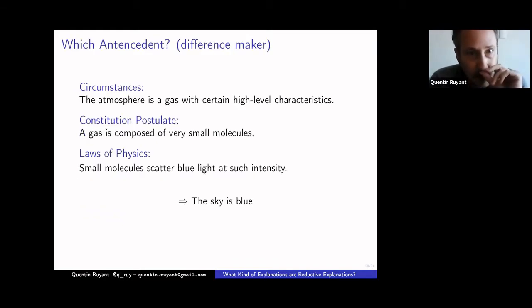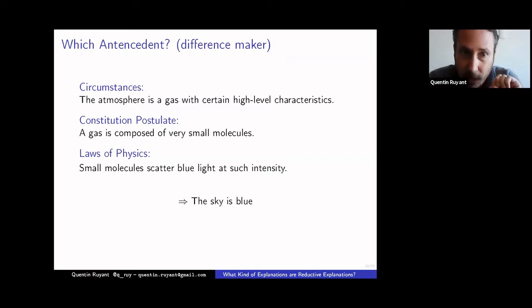The idea of counterfactual explanation is: if this were not the case, then this that we want to explain would have been different. Now, what do we need to explain that the sky is blue? We need circumstances: the fact that the atmosphere is a gas with certain characteristics.